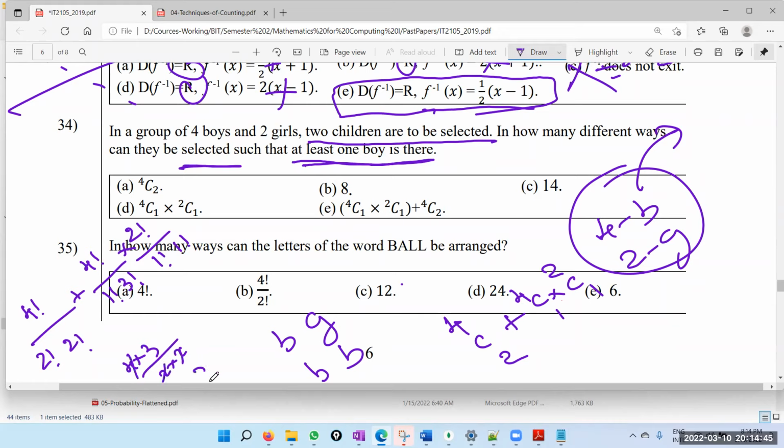That is 3. Plus, this is 4. Now this is 2. 4 into 2 is 8. All together you have 11.